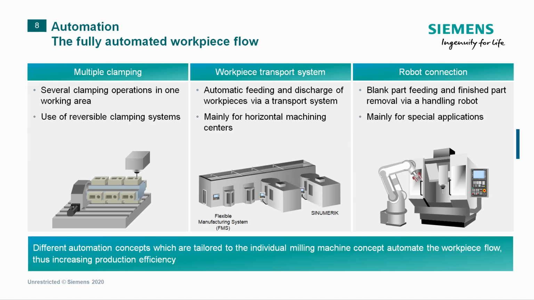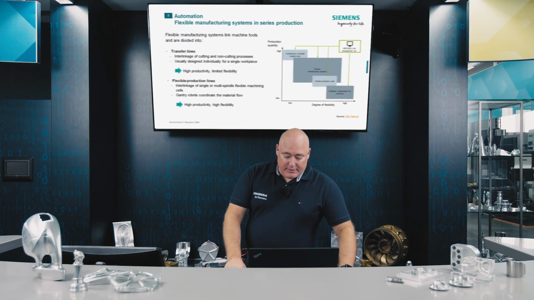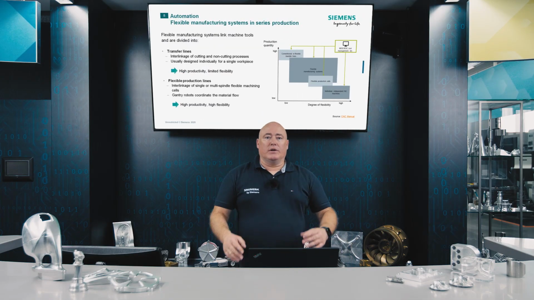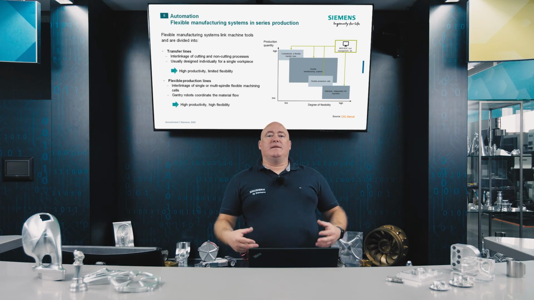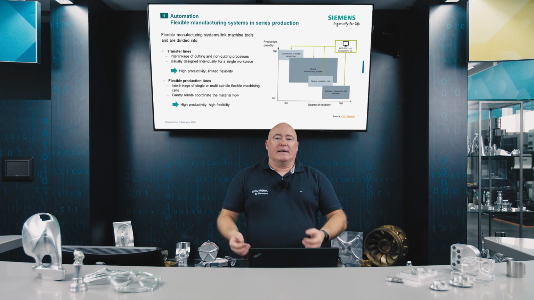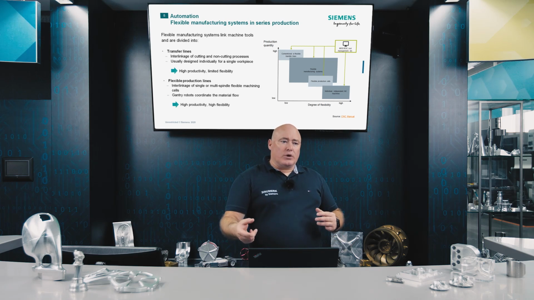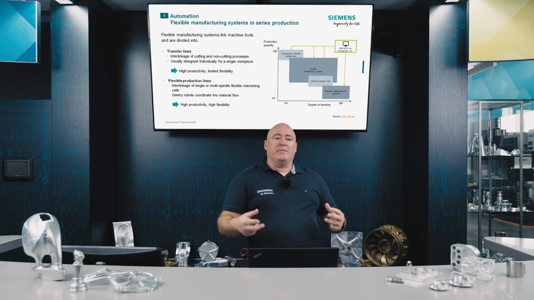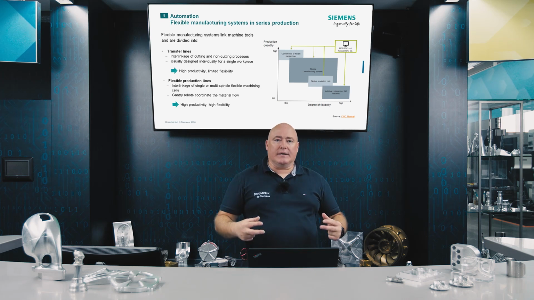Robot technology is still a special application, but it's being used more and more in every area of industry. Automatic functions and flexible workpiece flows can be further optimized with a transfer line or flexible production line. A transfer line includes cutting and non-cutting processes all linked together.